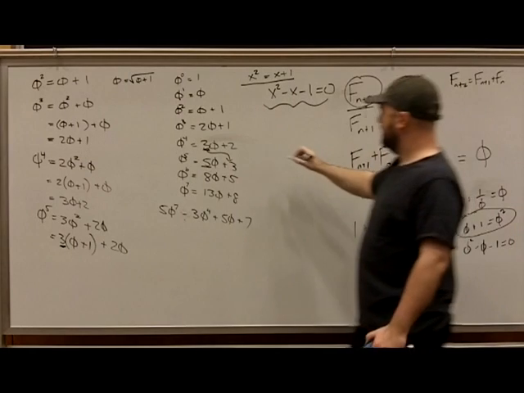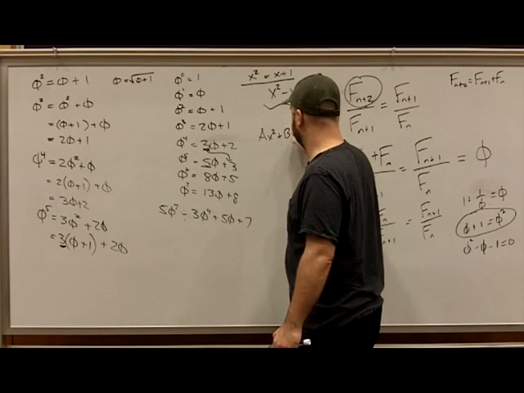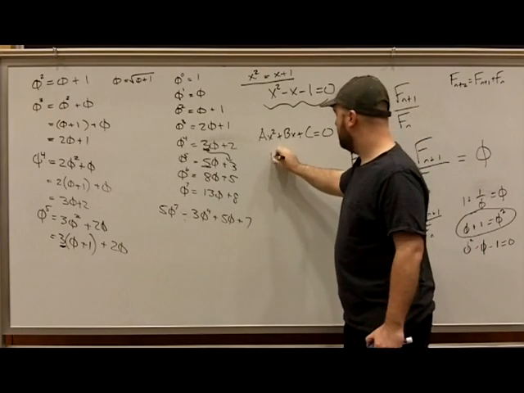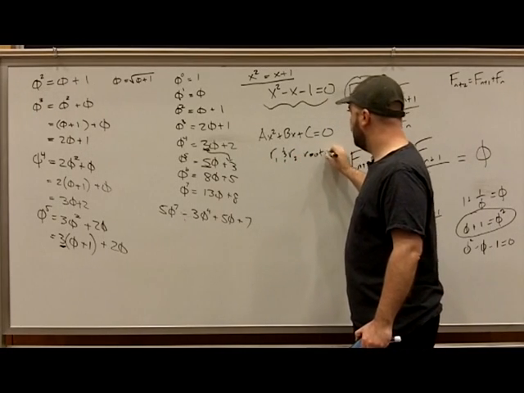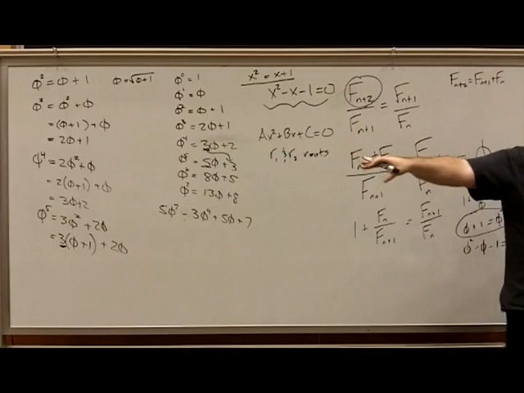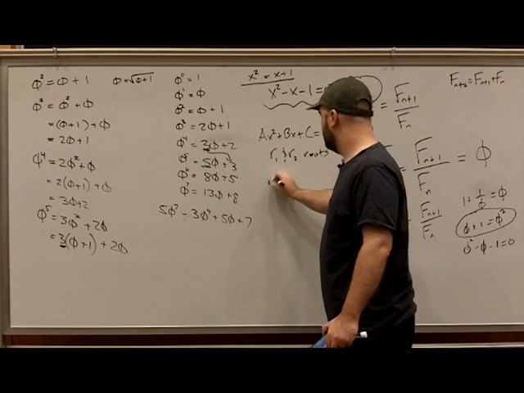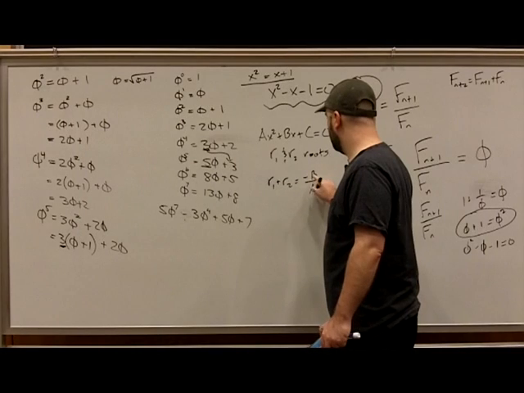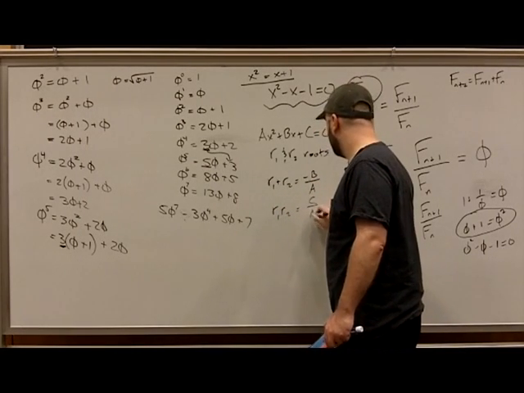Like if I write ax squared plus bx plus c equals 0, and I have roots r1 and r2, what are some relationships with the roots that relate to the quadratic? Yeah. r1 plus r2 is minus b over a. And r1 r2 is c over a.